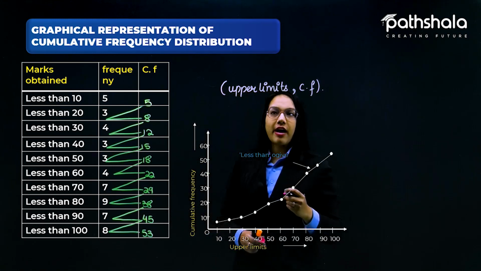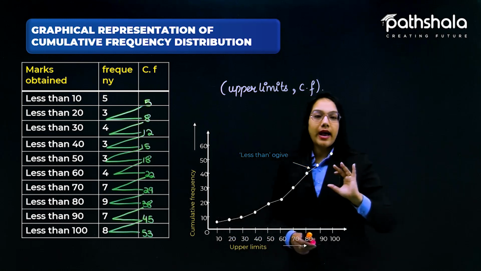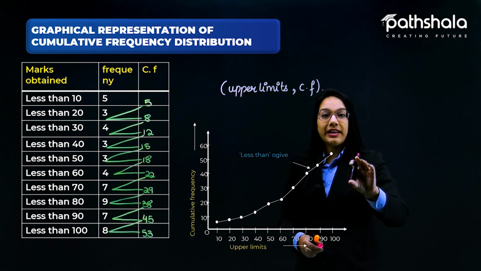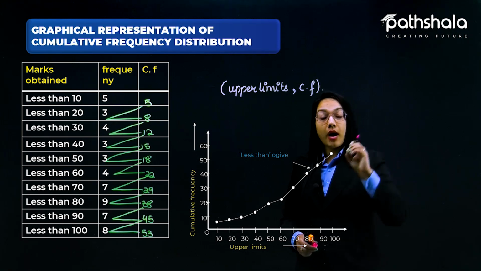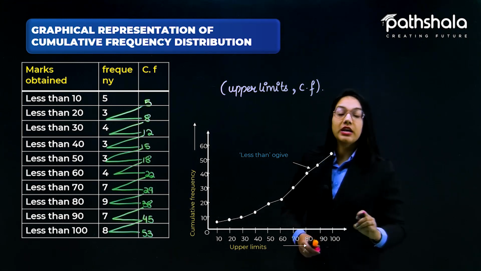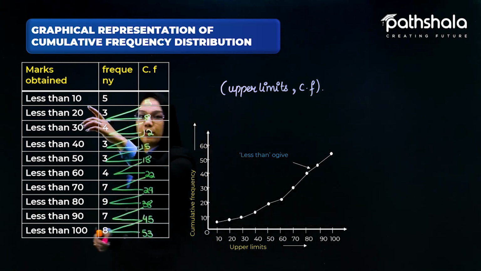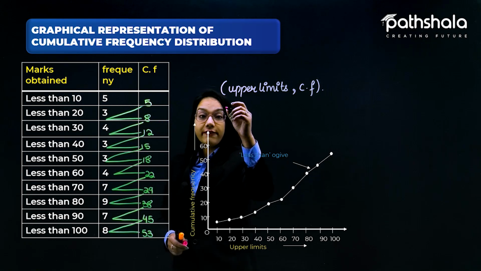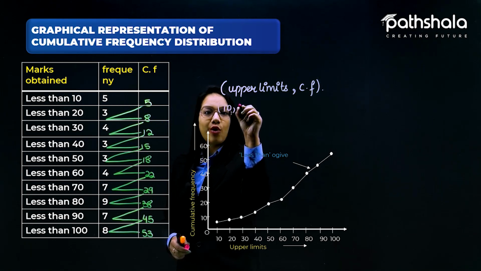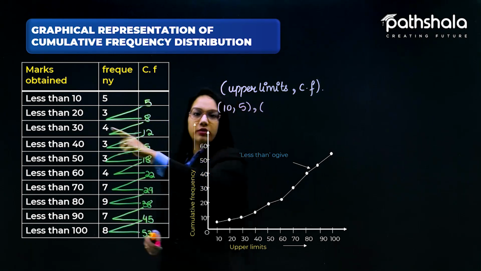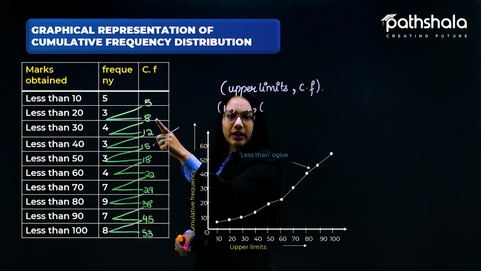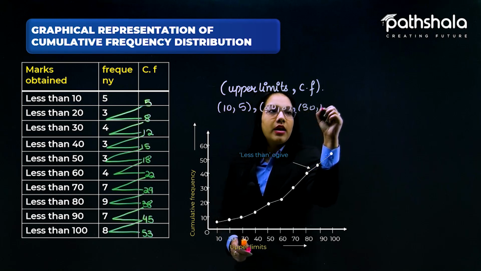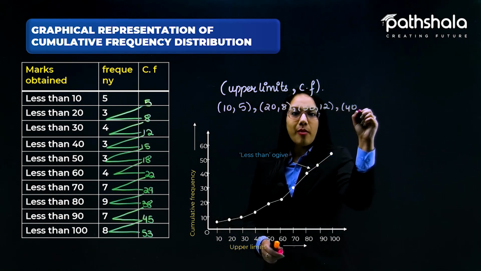The upper limit here is 10 and the cumulative frequency is 5. So the very first coordinate is 10, 5. The next one is 20, 8. The next one is 30, 12. The next one is 40, 15.